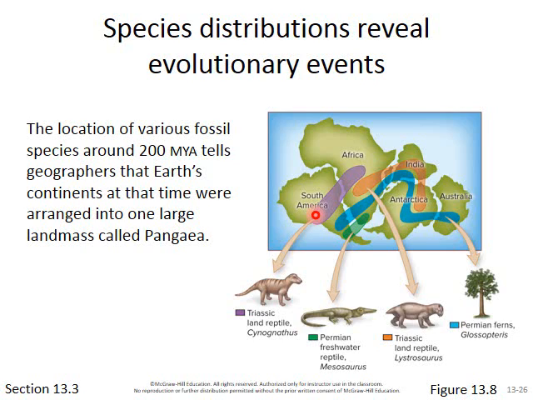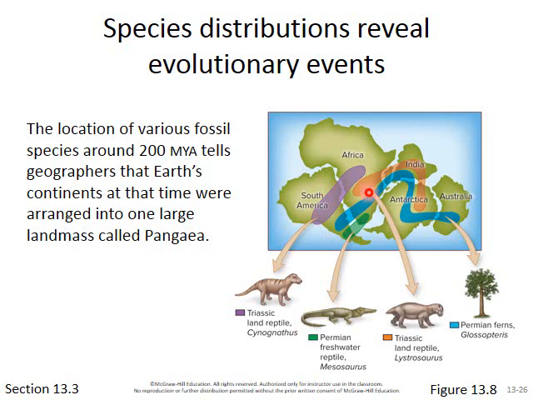So not only are organisms affected by the breakup of these continents drifting apart, but the fossils from these organisms tell us about how those continents were before they started drifting. So the location of various fossil species around 2 million years ago tells biogeographers that Earth's continents at the same time were arranged into a large landmass called Pangaea.